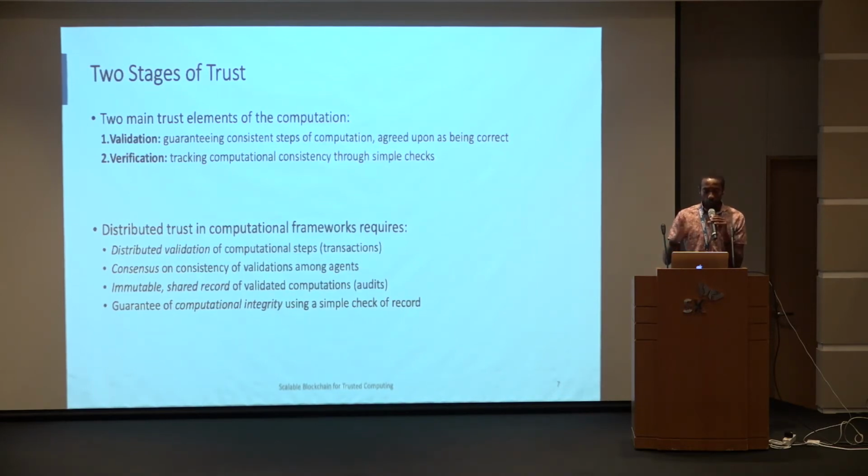And also, it has to be shared with others so that it can be transferred. Remember that point I said, it has to be transferred from others to learn from their decisions. And also the computational integrity, maybe using given simple checks. This really defined blockchains, and that's why it was a perfect solution to address their need.